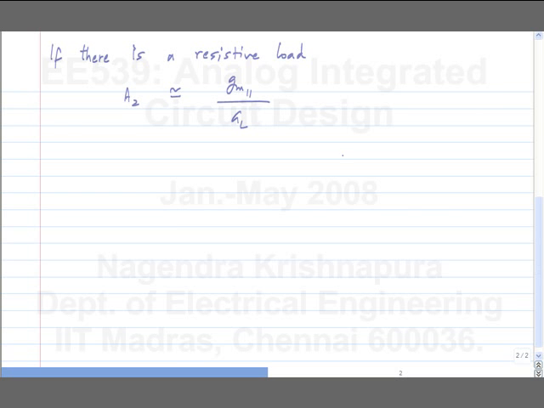But if you have only a capacitive load, then what is the effect of GM11? The DC gain will not be GM11 by GL, it will be GM11 by GDS.